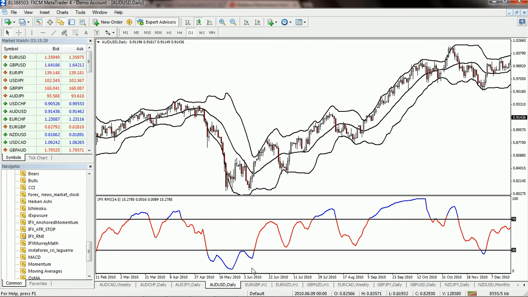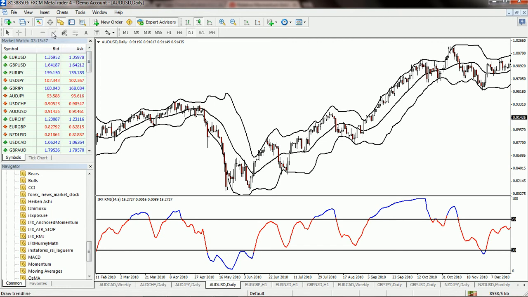And the third one is divergence. That means when the price forms higher highs or lower lows, but the indicator is showing lower highs or higher lows. This indicator can be used to trade that kind of divergence.